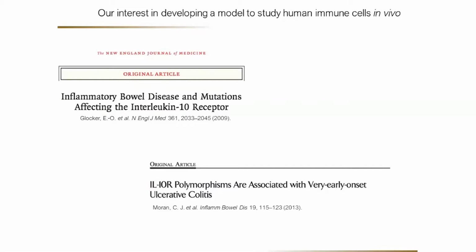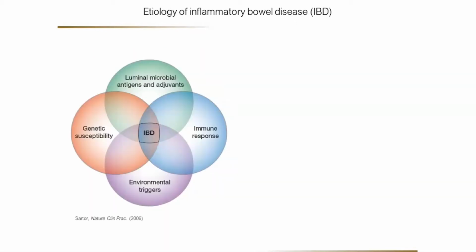While very early onset or infantile IBD is often monogenic, in adult populations, it's actually a polygenic disease. IBD is quite complex, and the etiology is really a combination of genetic susceptibility that tends to lead to exacerbated immune responses to the intestinal microbiota.